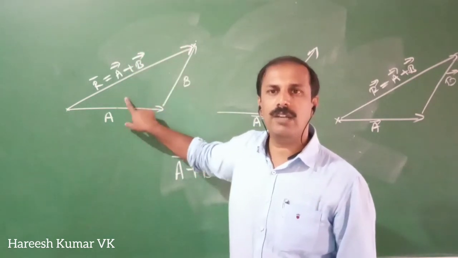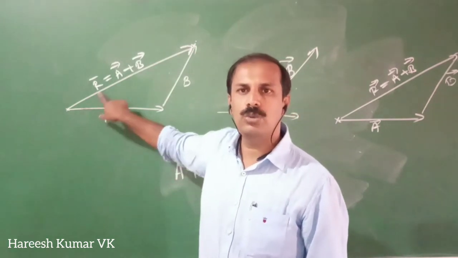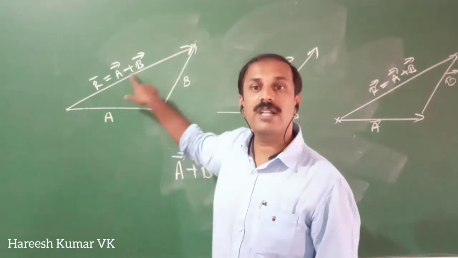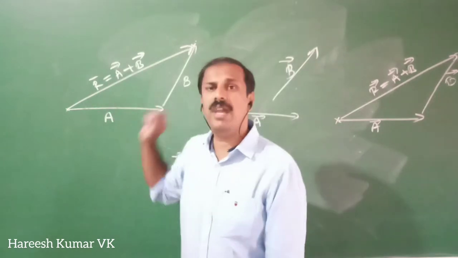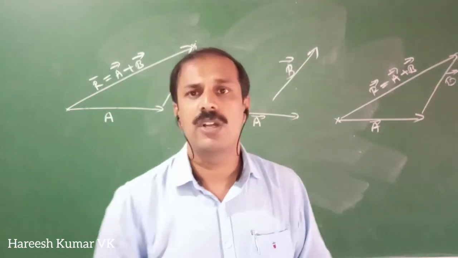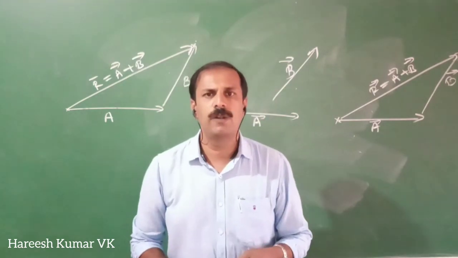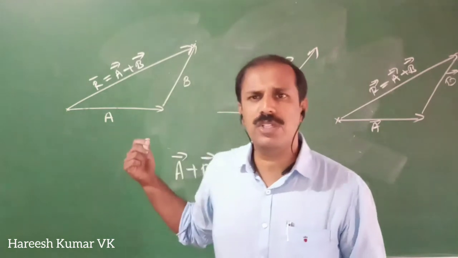Now another vector from here, that is the tail of the first vector, to the head of the second vector. This gives the resultant vector. So this is the way we are adding A and B. So A and B, not just adding two numerical numbers. How to add numerically, that also we will explain after this.